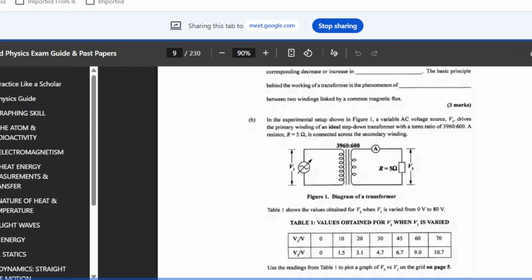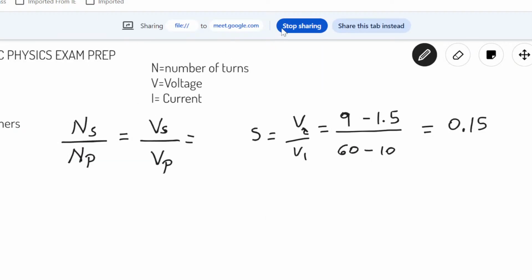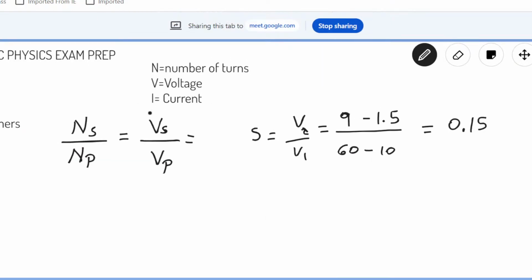So that equation would be, it's literally this. This is just plotting Vs over Vp. V2 would be the same thing as Vs, and V1 the same as Vp.